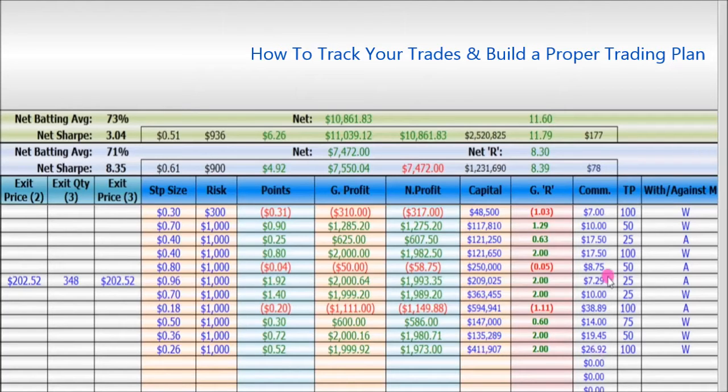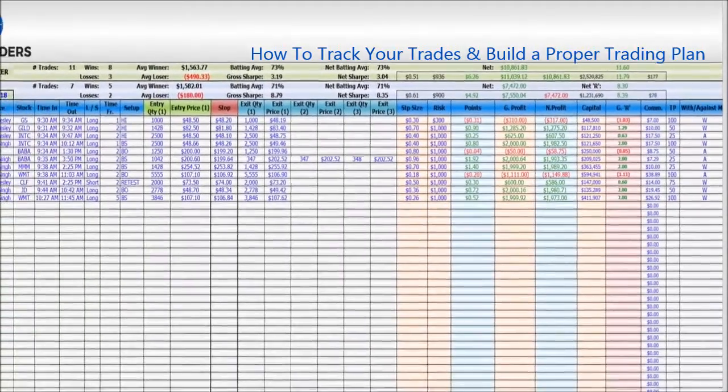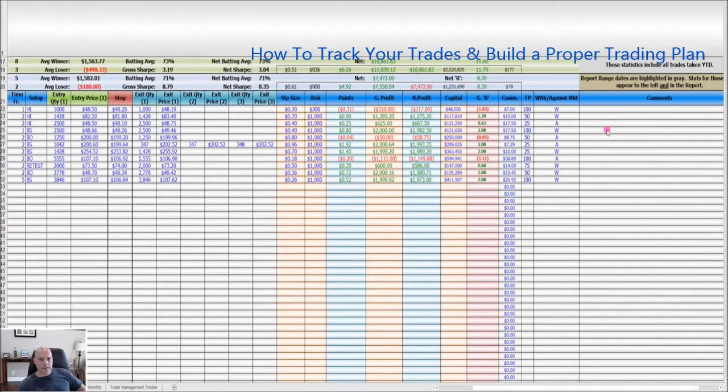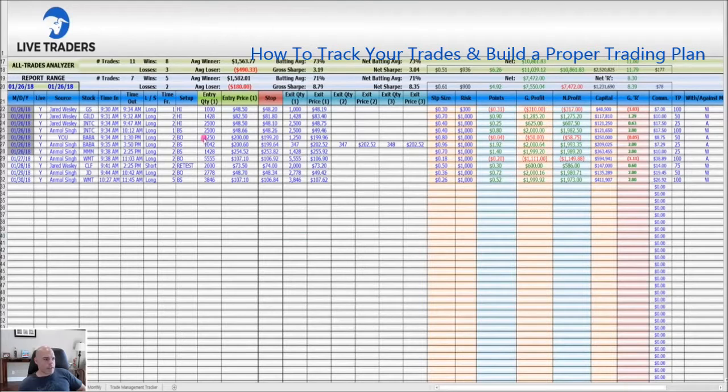Okay, tells you commissions. TP means, did you follow your trading plan 100%, 50%, 25%, 75%, with or against the market? A comment section. So that you can put notes in about why you took the trade, what happened in the trade, etc. All right, so the front page is your basic information, what time frame you took it on, right?